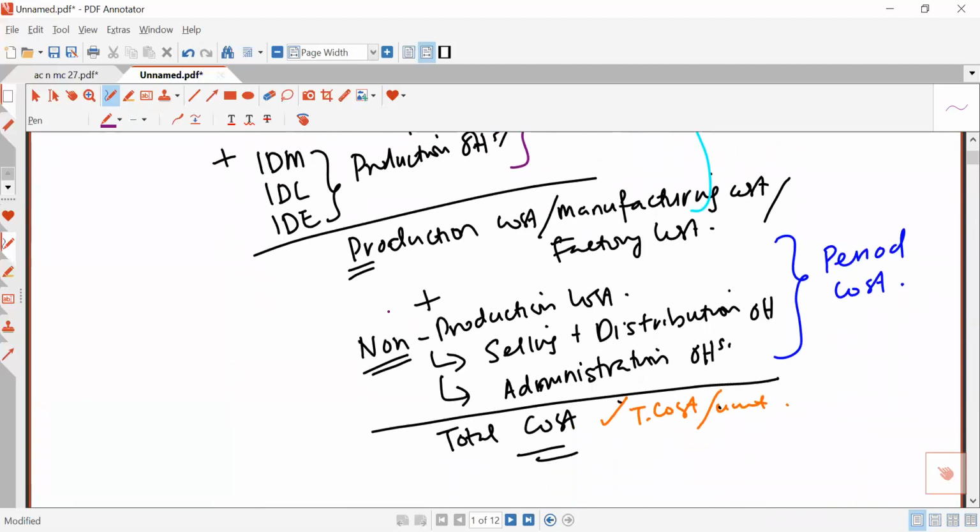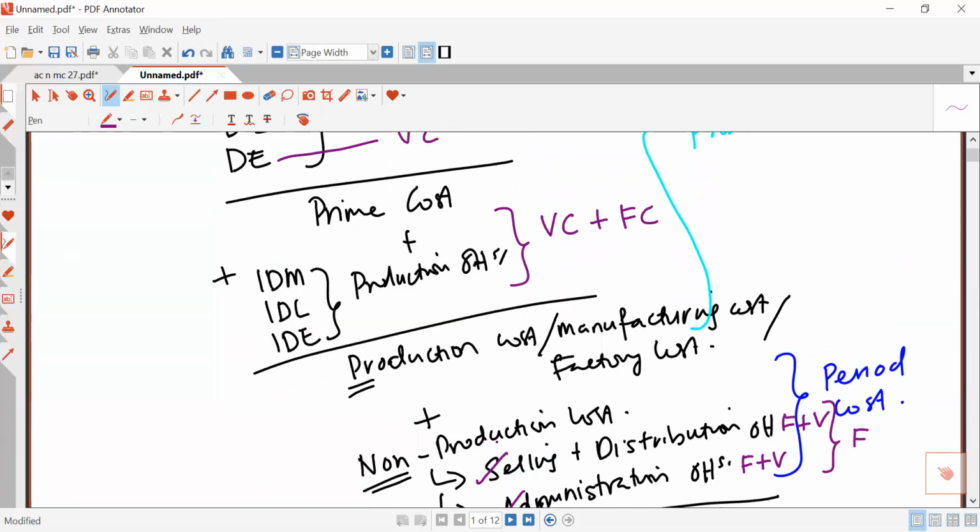For selling and distribution and administration overhead, it will depend on the question. Sometimes you can have fixed plus variable, or sometimes all of this can only be fixed cost. This is all your revision.